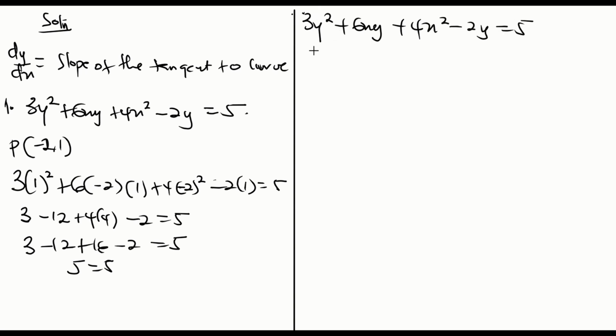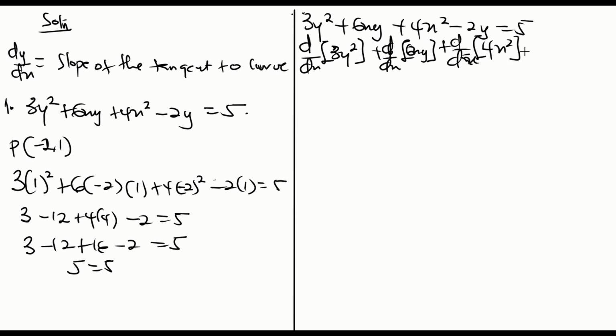Then finding the derivative of this, we are going to get d/dx of the terms: d/dx of 3y squared, plus d/dx of 6xy, plus d/dx of 4x squared, minus d/dx of 2y, equals the derivative of a constant, which definitely is going to be 0. Alright, if you differentiate this, it's going to be implicit.